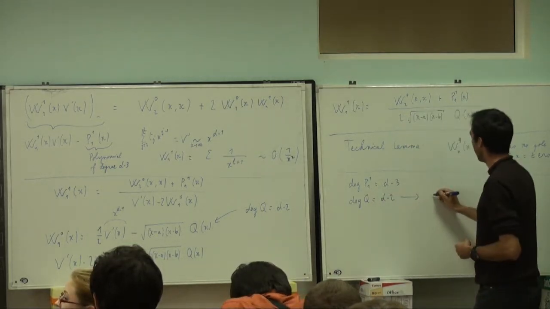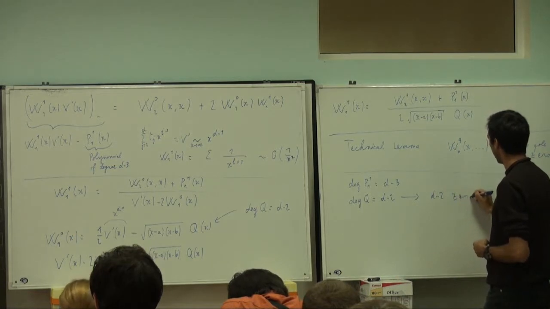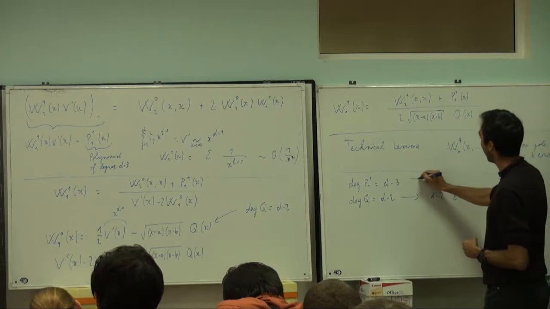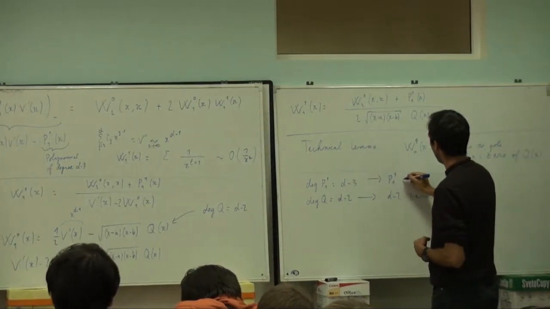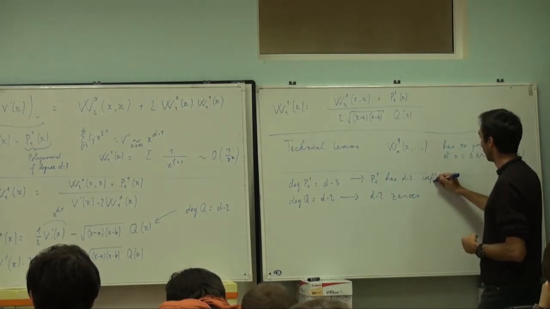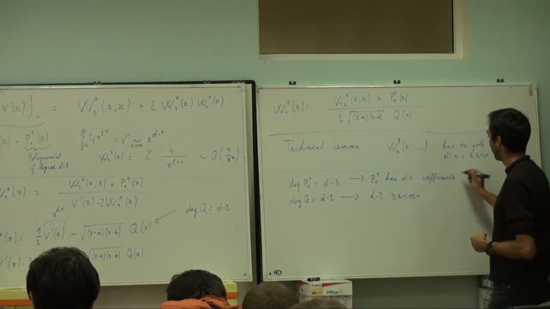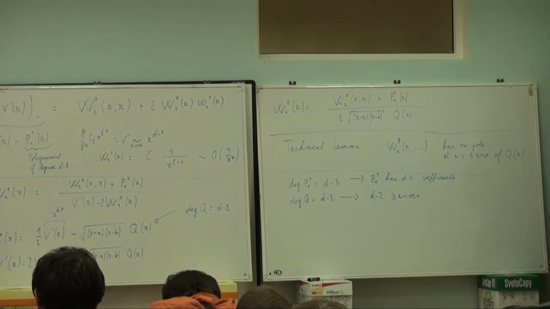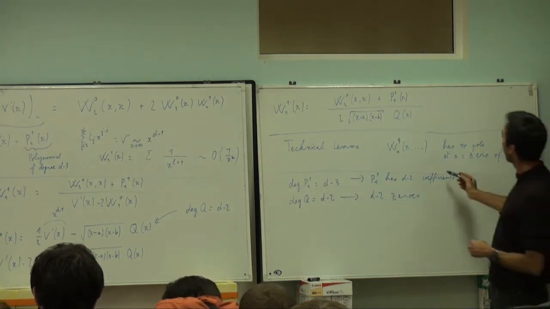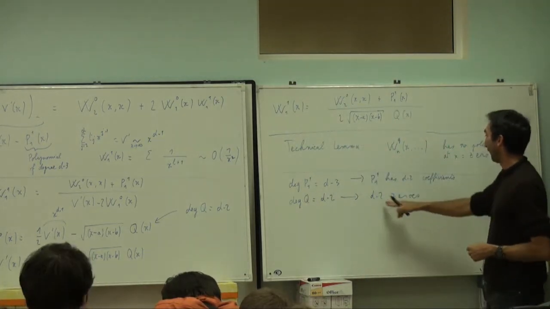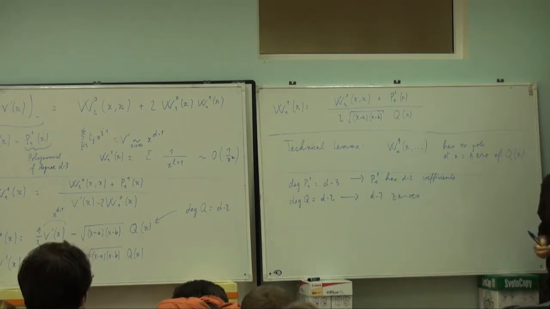So it has d minus 2 zeros. And P11 has d minus 2 coefficients, which for the moment we don't know. The lemma says that this quantity should not have poles at those d minus 2 points.